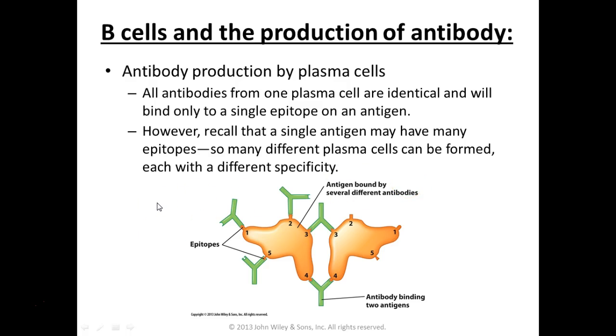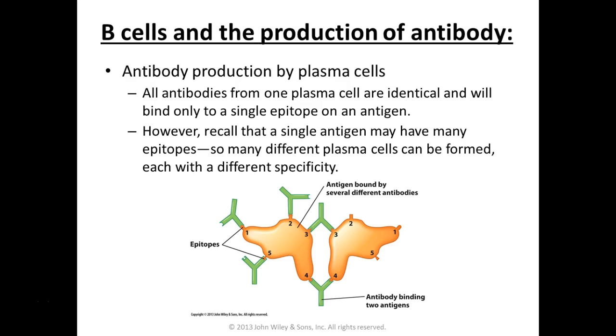So we've mentioned this before, but we're going to home in on it a little bit more. Remember, each B cell produces its own unique antibody, right? And it can bind to a specific molecular configuration on an antigen. So say some large protein antigen. It binds to some little portion on that antigen, maybe 10 amino acids. That little section where the antibody actually binds is referred to as the epitope.